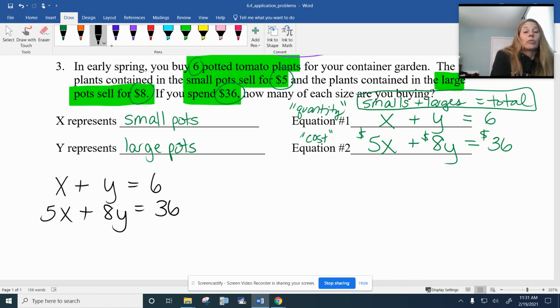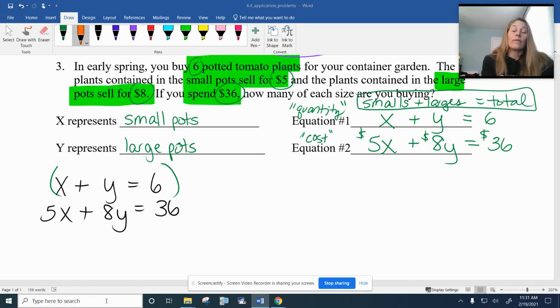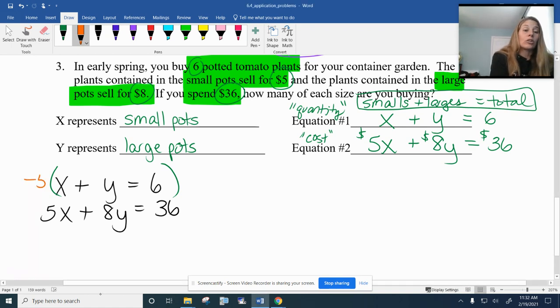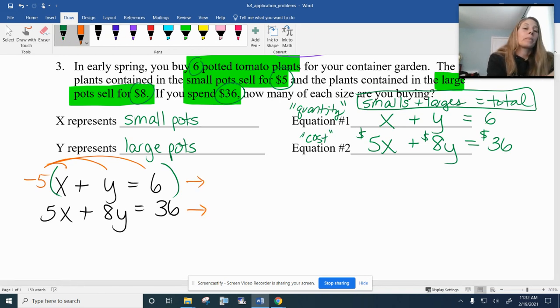So in this particular problem, I'm going to multiply my first equation by something, and I can either do -5 or -8 to get either the x's or the y's to cancel. Either one will work. So like I said, usually when I'm not sure which one to pick, I just pick the number that's smaller because I figure it's just probably a little bit easier to multiply by.